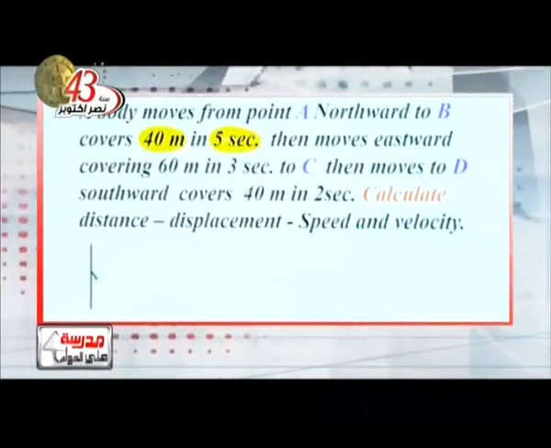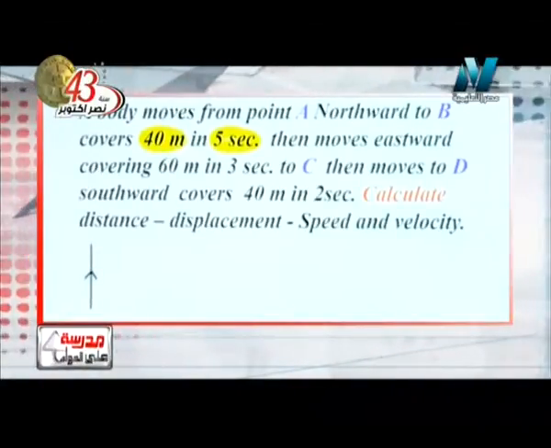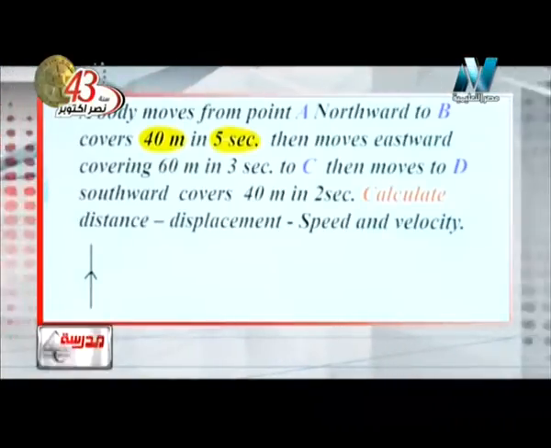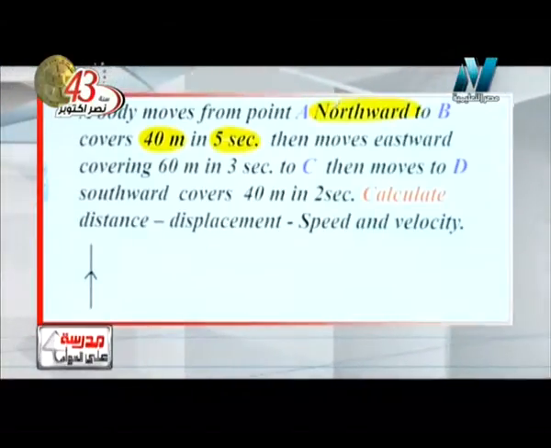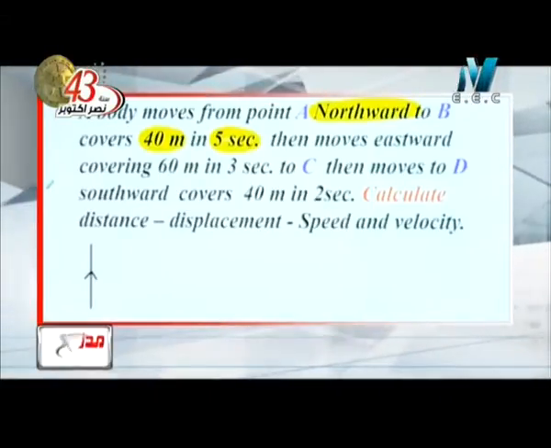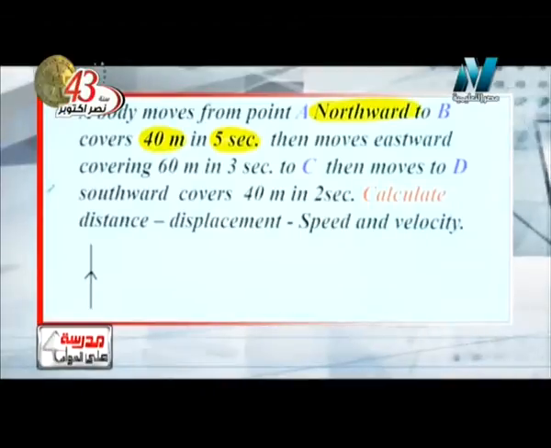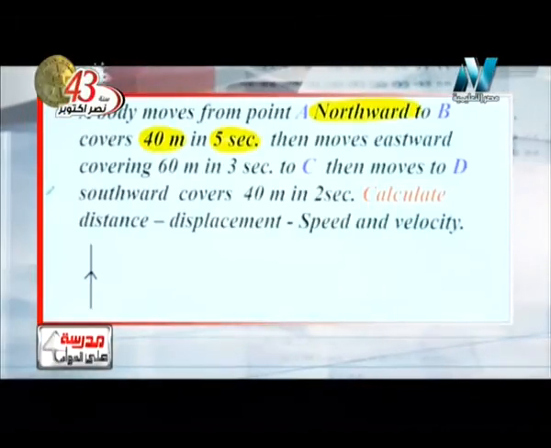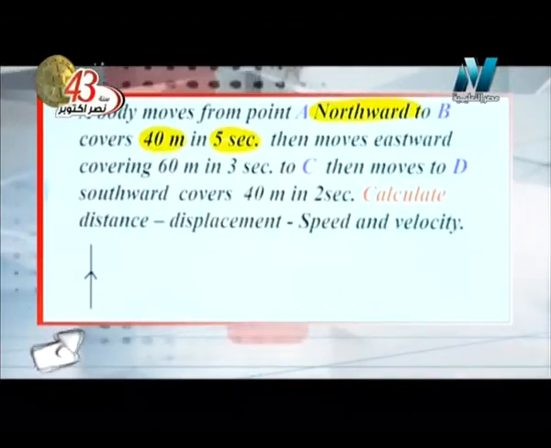How did I know this direction? Because it said northward. We are mature enough to differentiate between the four main directions: north, south, east and west. We know the differences between them very well.